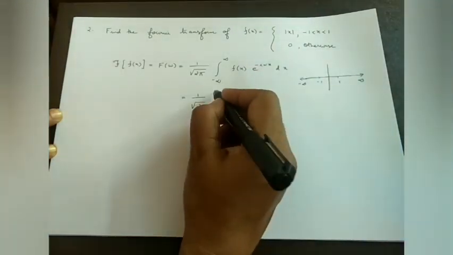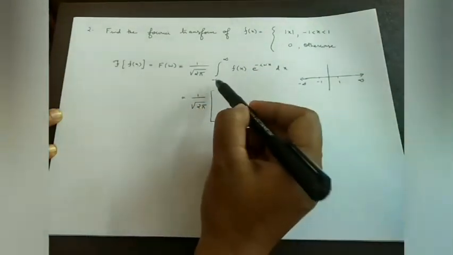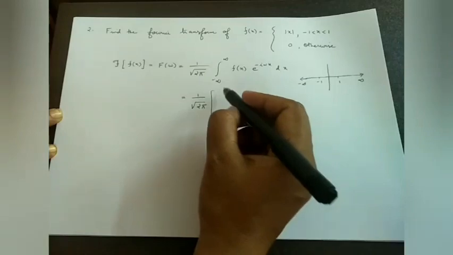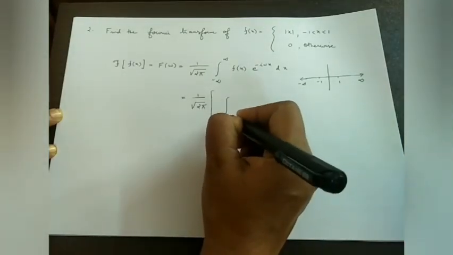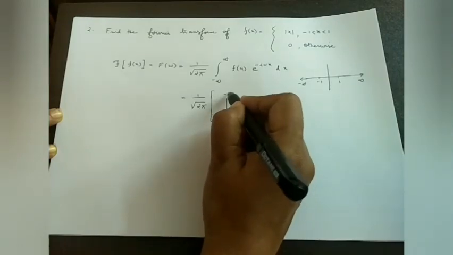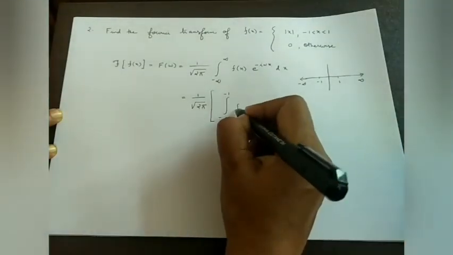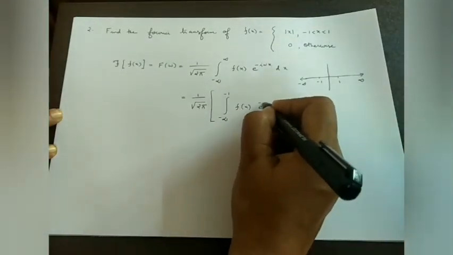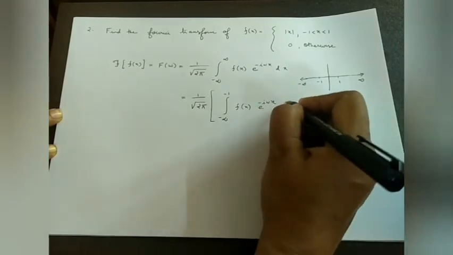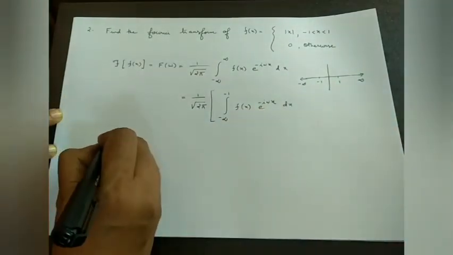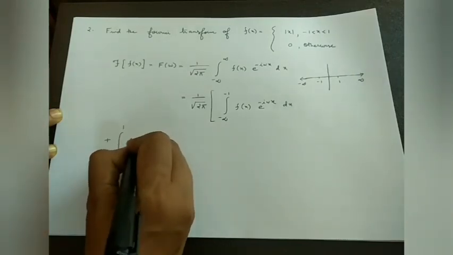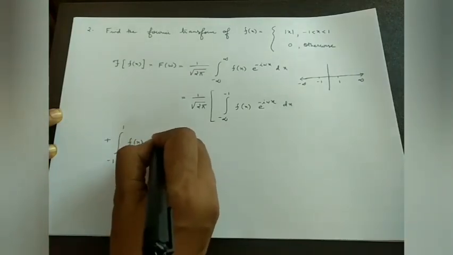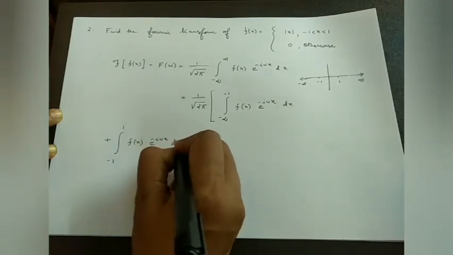So here we want to divide this interval from minus infinity to infinity into 3. That is from minus infinity to minus 1, f of x e raised to minus i omega x dx. Then from minus 1 to 1, f of x e raised to minus i omega x dx.